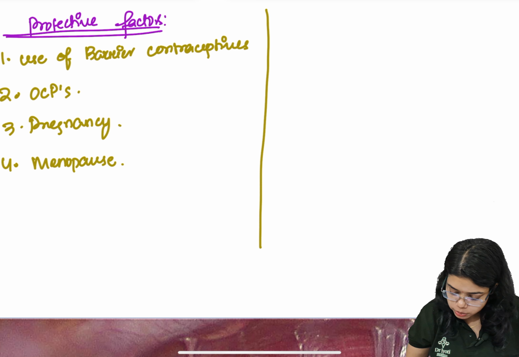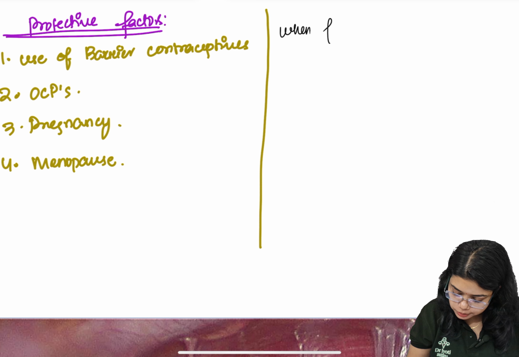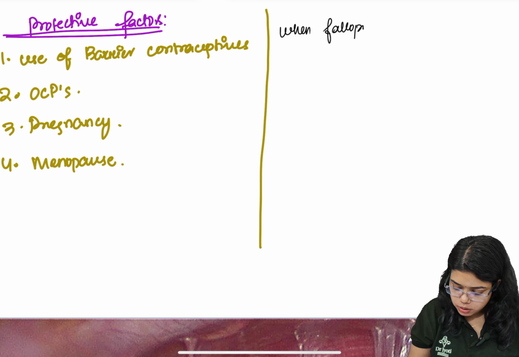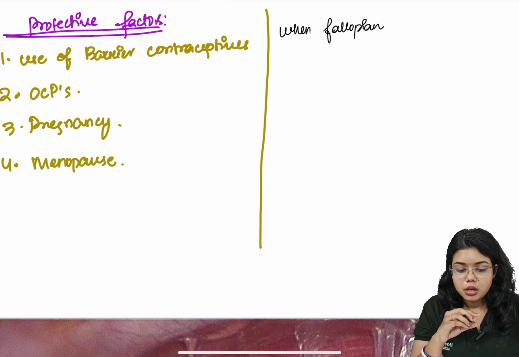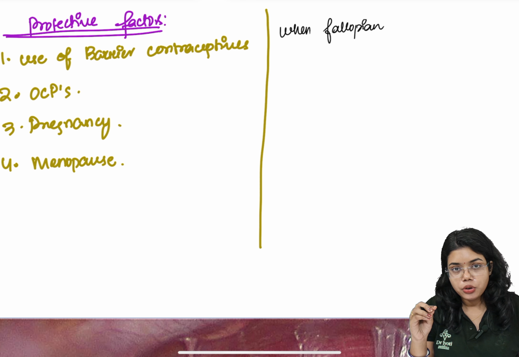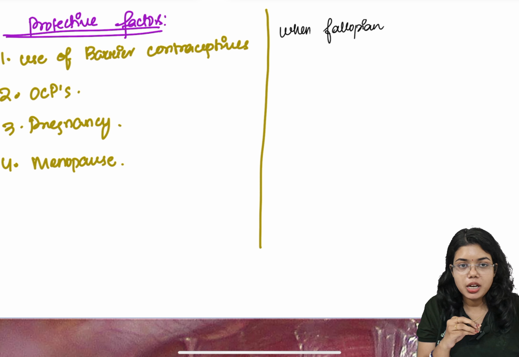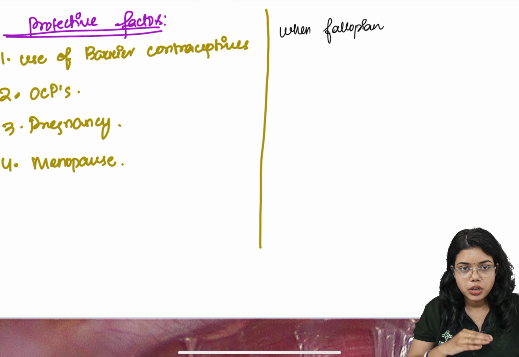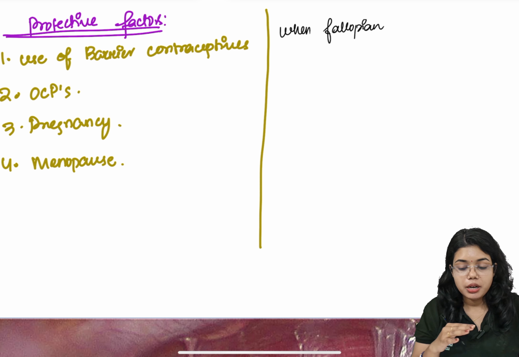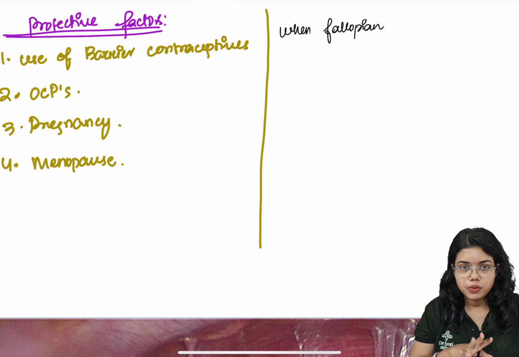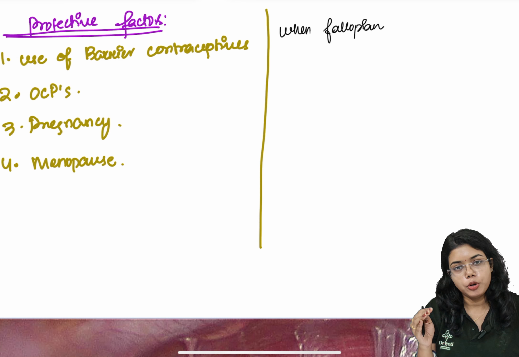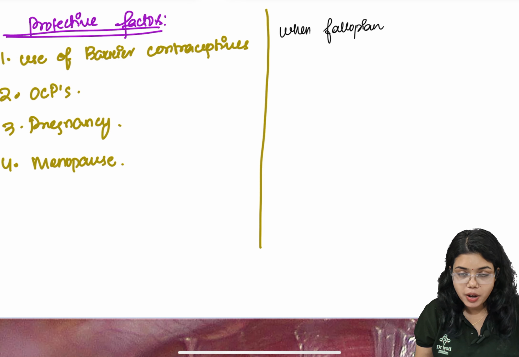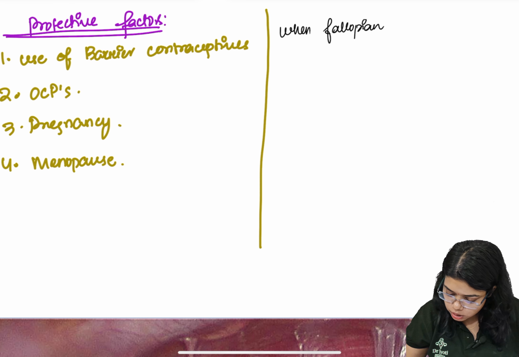The infection spreads from the fallopian tube to the peritoneum, and then to the liver capsule, and a string of adhesions is formed. When it heals, it forms strings of adhesions from the liver capsule to the anterior abdominal wall, and that is called violin string adhesions.